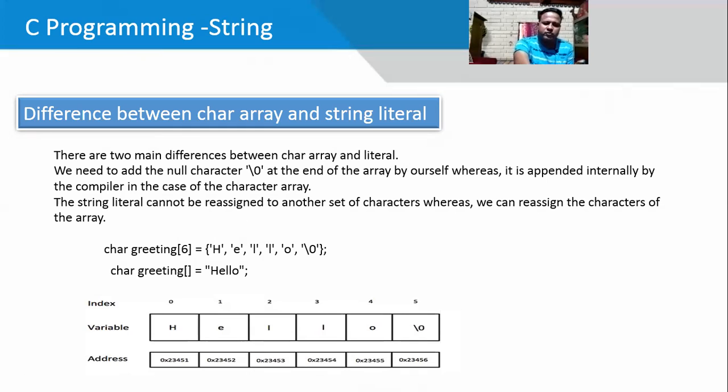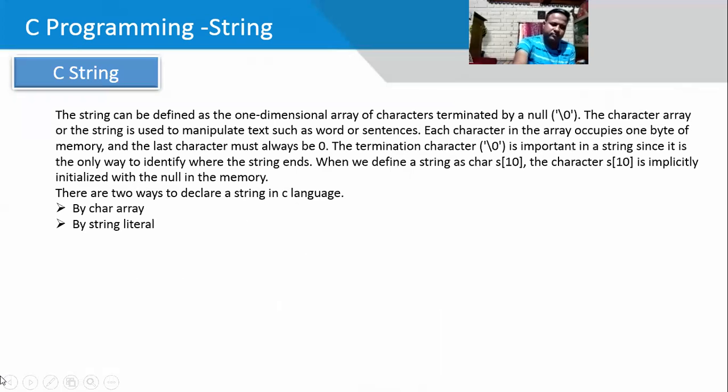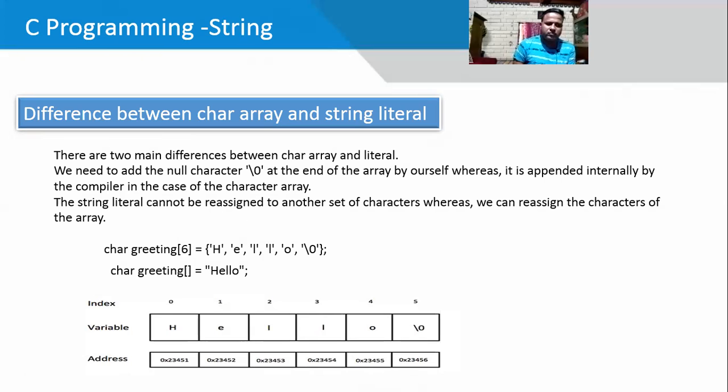So when you print the character string hello, it is printing HELLO. So it is a string. But here, if you want to store a character array, you include one null value here.